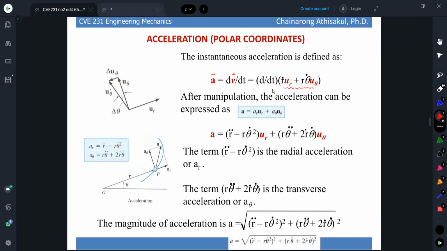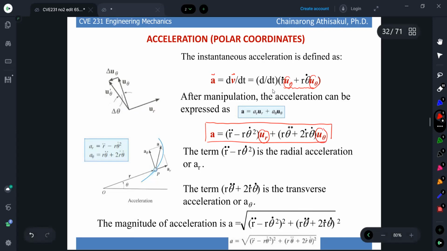We know that du_r by dt is not constant, and du theta by dt is not constant either. After some manipulation, we can express the acceleration in the polar coordinate system as composed of two components, in the r direction and in the theta direction, like this.